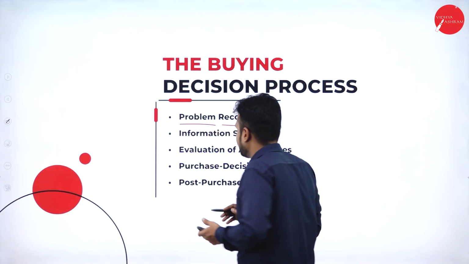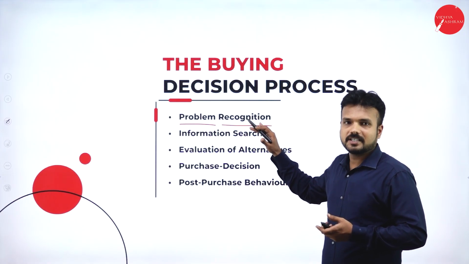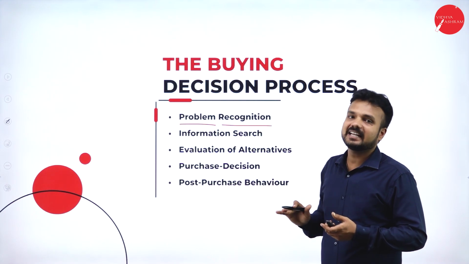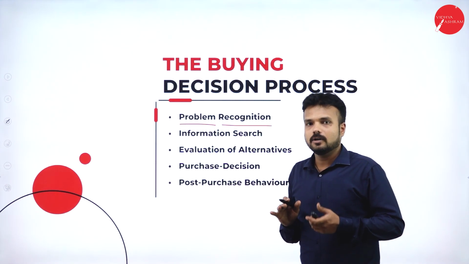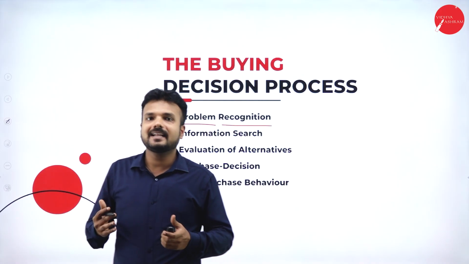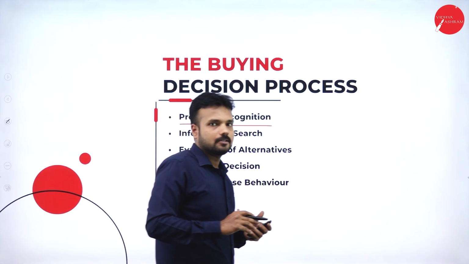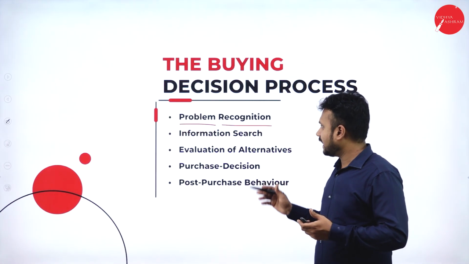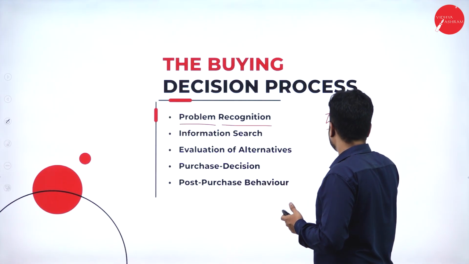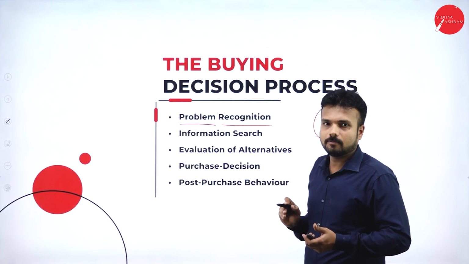Problem recognition. The first stage is problem recognition, also known as need recognition. Nobody is going to purchase a product until and unless that product is a need to them. For example, I have to travel 5 kilometers to my college.